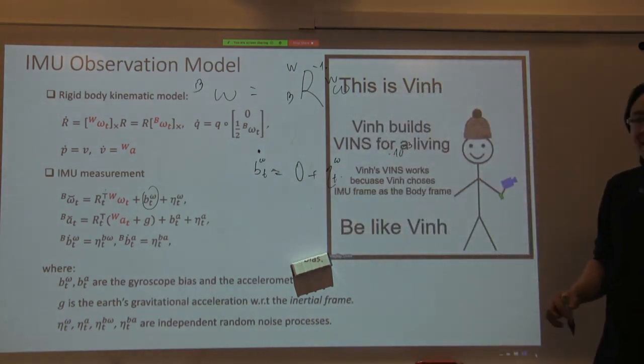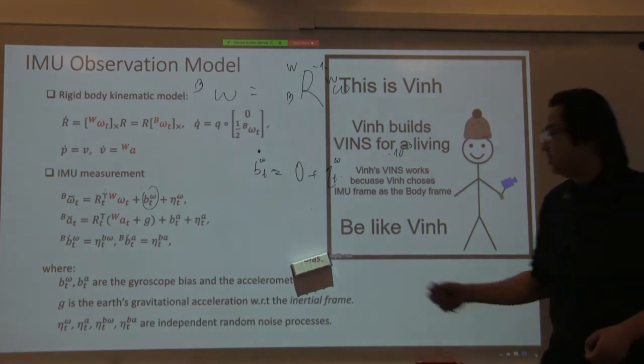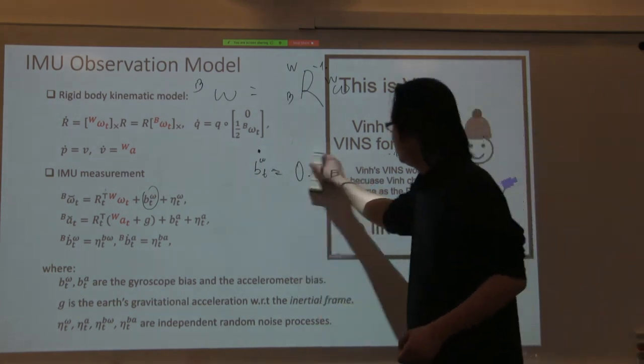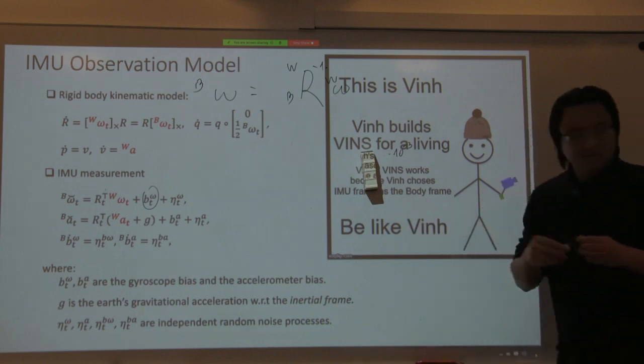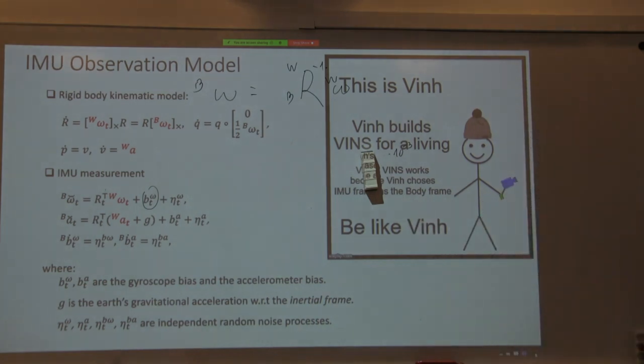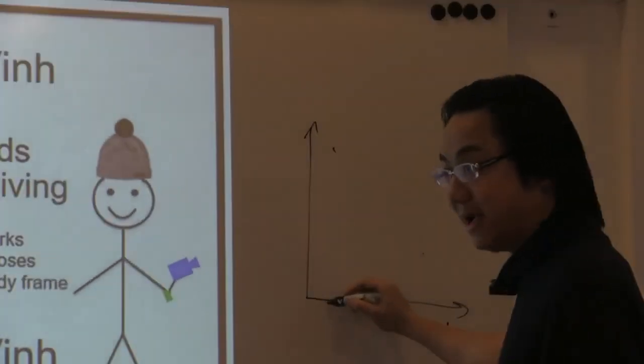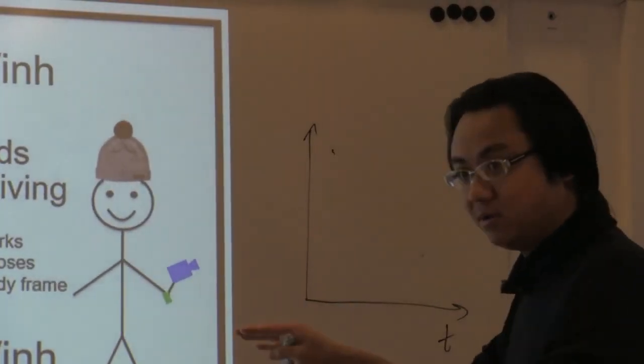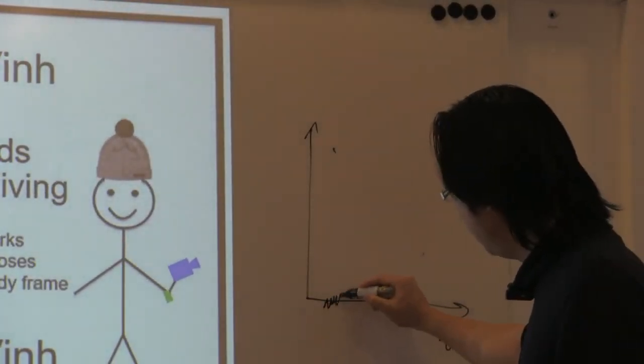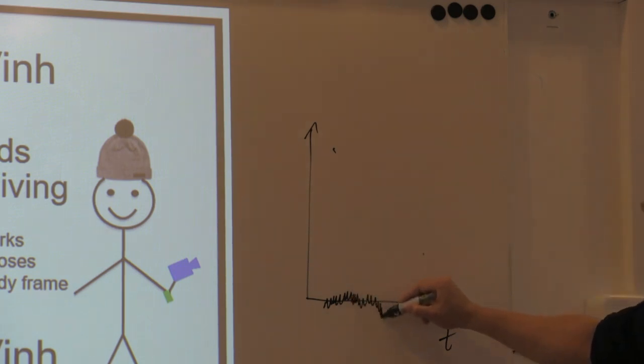b dot is the change in b, so how b, the bias, develops over time is by changing with the Gaussian noise at each time step. So it's additive. If you measure the IMU over time, ideally the bias, because you leave it at rest so there's no influence, you are supposed to see this kind of noise pattern.